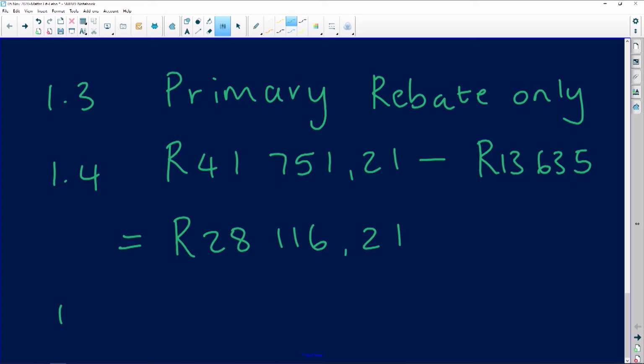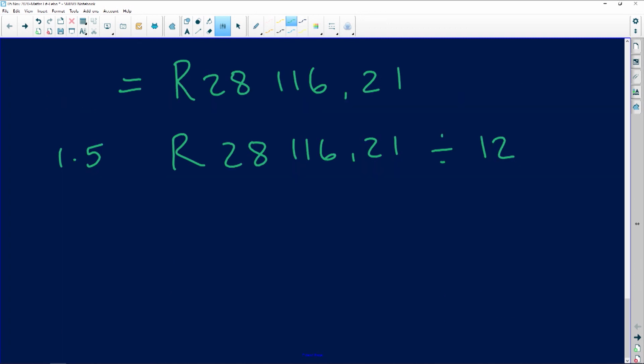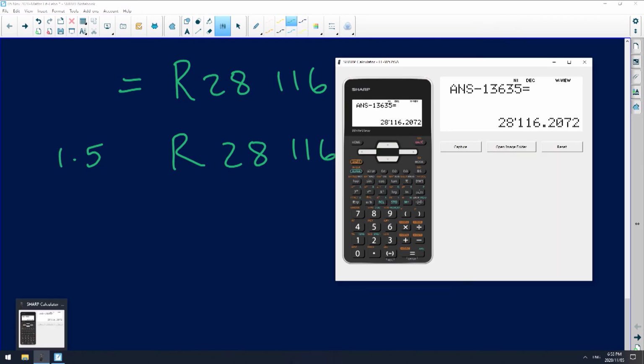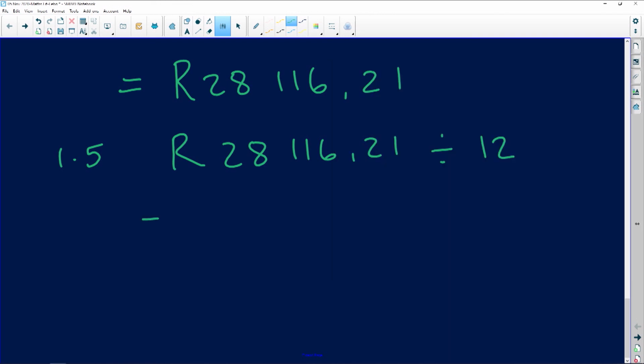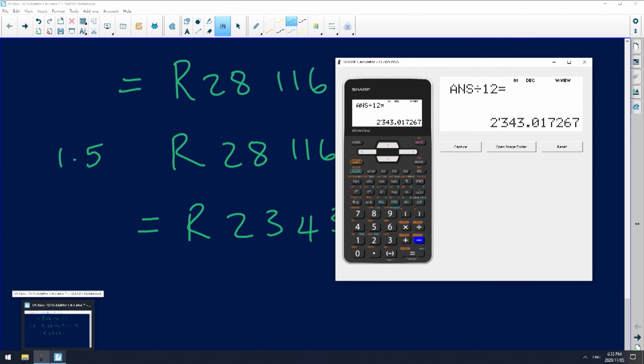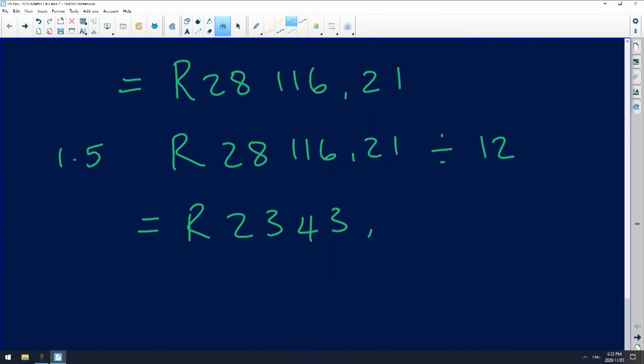Yearly to monthly, you just divide by 12. 2,343.02 per month.